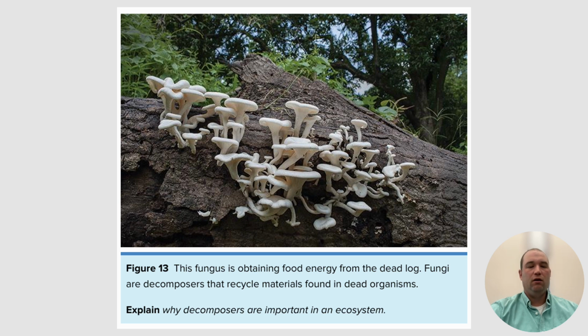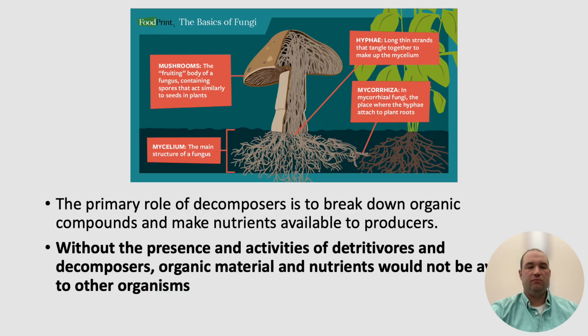So why are decomposers so important in an ecosystem? Without the presence and the activities of the detritivores and decomposers, organic material and nutrients cannot be recycled or made available to other organisms.